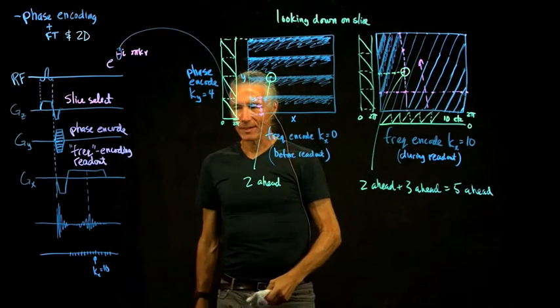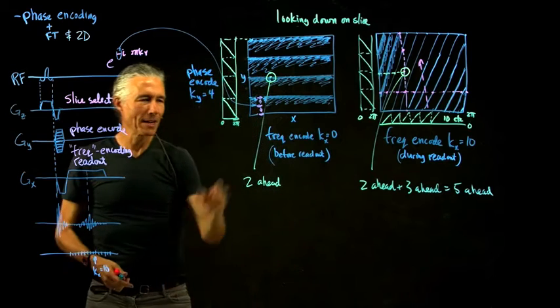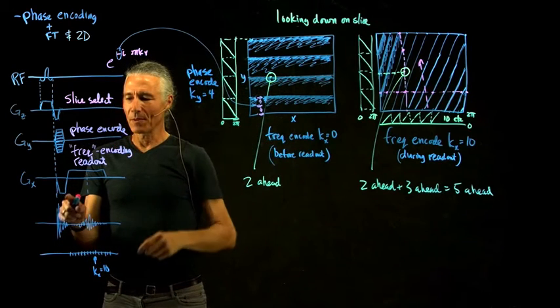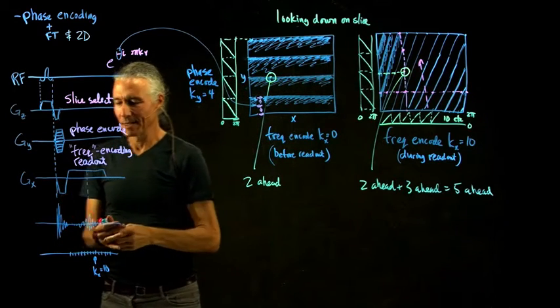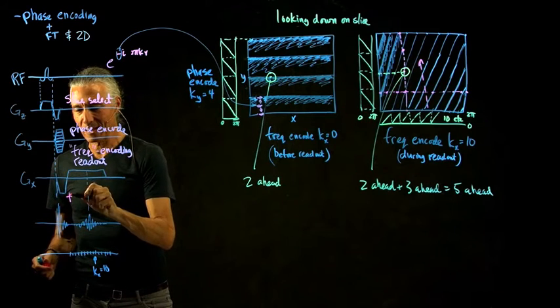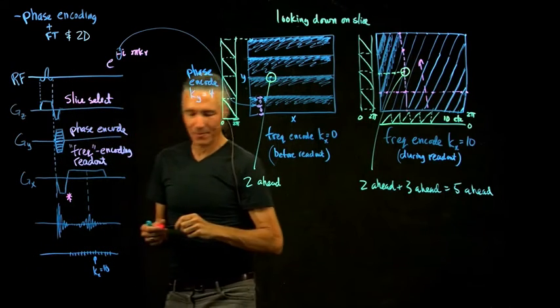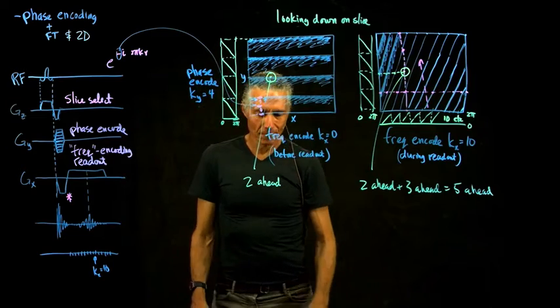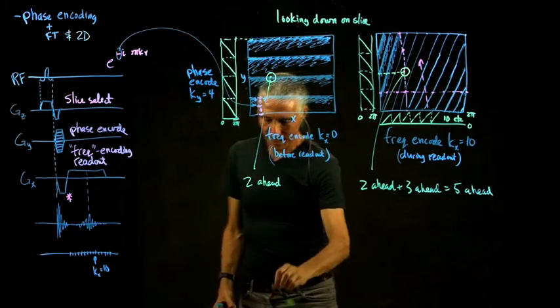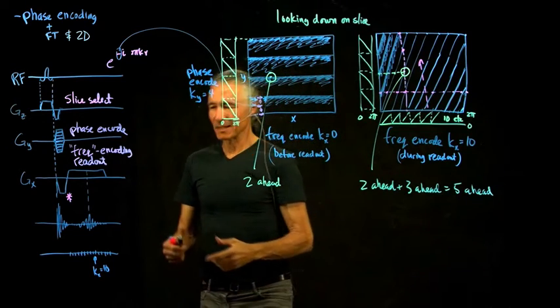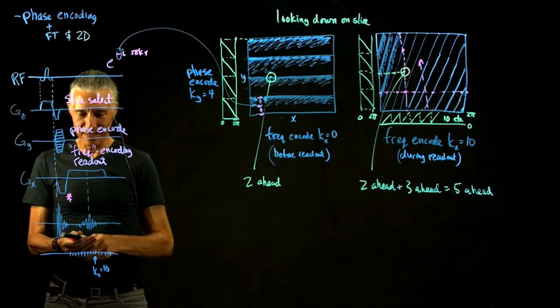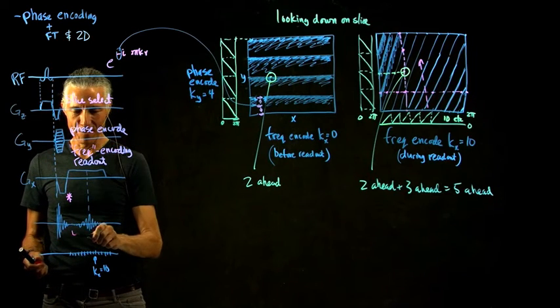So that's frequency and phase encoding. So how does it work in real life? I drew it out here without this business here. So let's consider what's actually happening when you do that. Let's look at what the actual echo looks like. Why do we draw it like that?